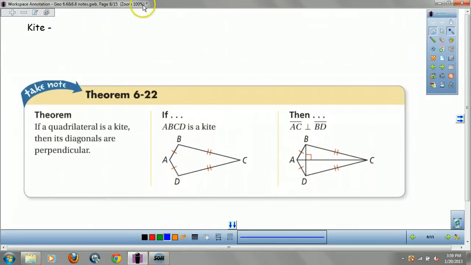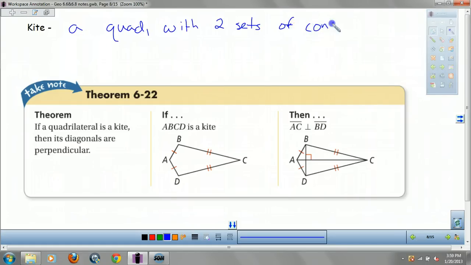Okay, a kite. A kite is a quadrilateral with 2 sets of consecutive congruent sides.